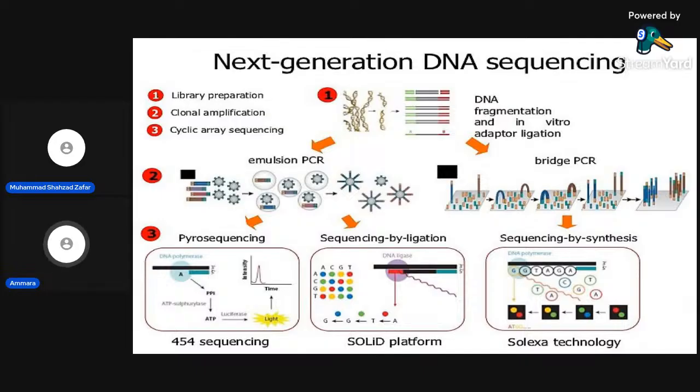When a complementary nucleotide binds, light will illuminate and we will detect that light, and that light will generate peaks in different colors. We will attach our sequencer to a computer, and that computer will analyze the illumination of light, and the different peaks will be generated, and in such a way we can analyze our whole DNA sequence.